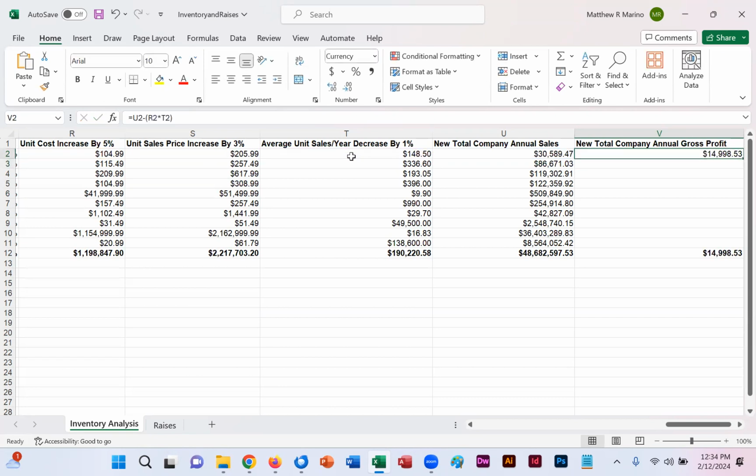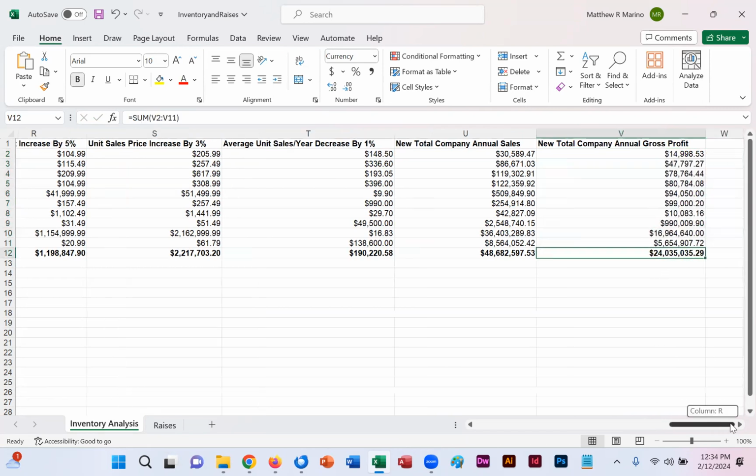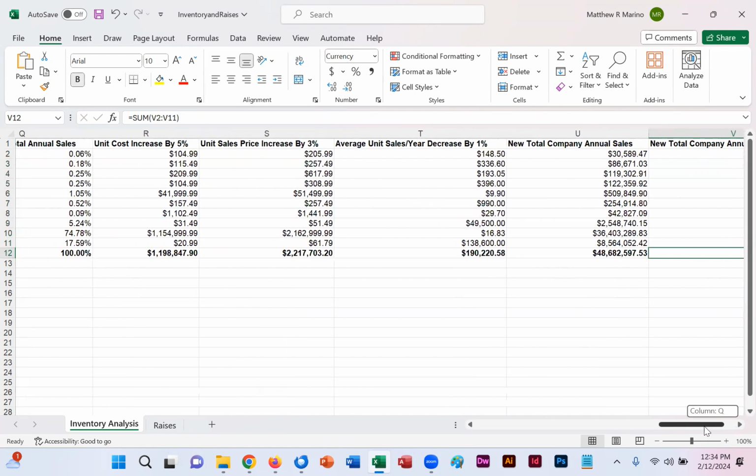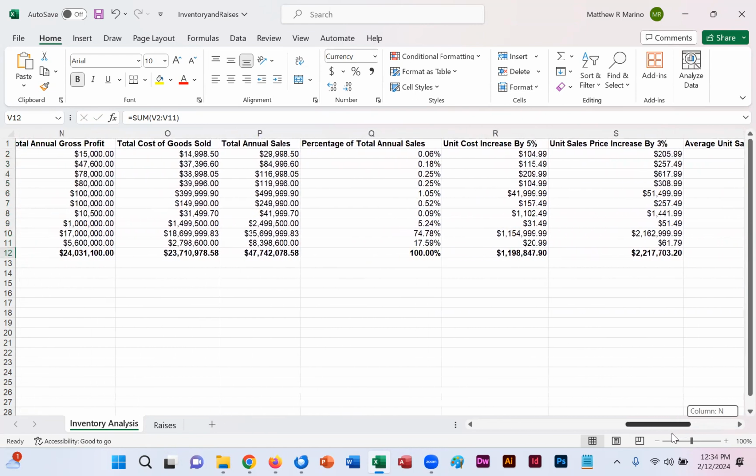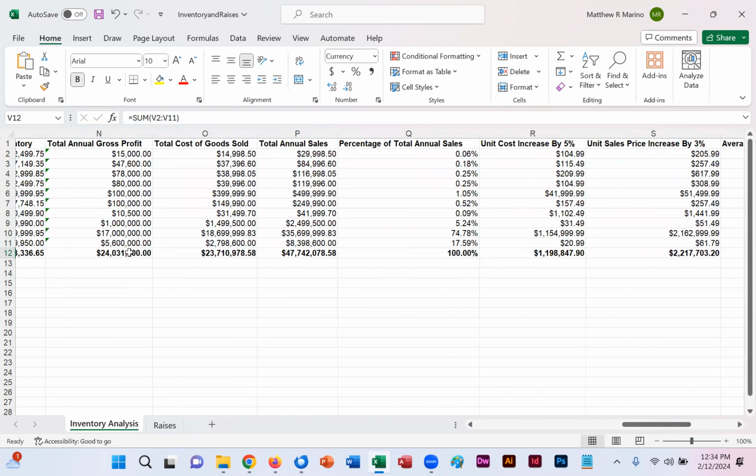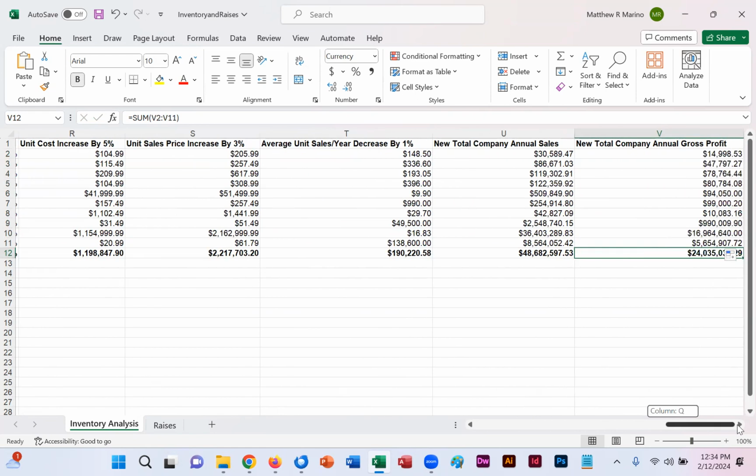So we click enter, we have a new answer, we auto fill down, our new gross profit is a little over 24 million compared to our previous. There's not too much of a change there. But again, that's because we just did 1%, 3%, and 5% with our changes.